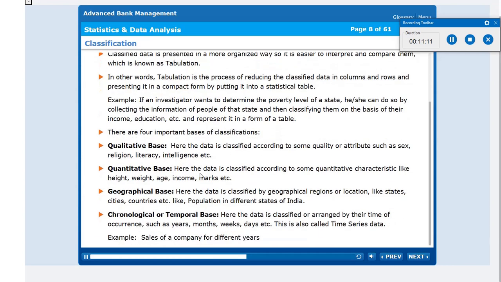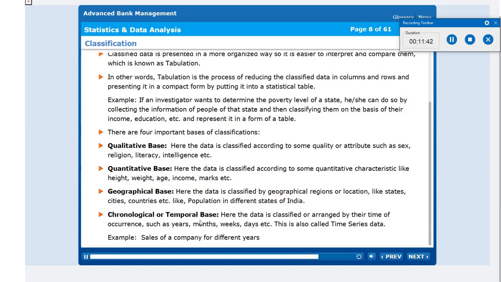Qualitative base: here the data is classified according to some quality or attribute such as sex, religion, literacy, intelligence, etc. Quantitative base: here the data is classified according to some quantitative characteristic like height, weight, age, income, marks, etc. Geographical base: here the data is classified by geographical regions or location, like states, cities, countries, etc., like population in different states of India.